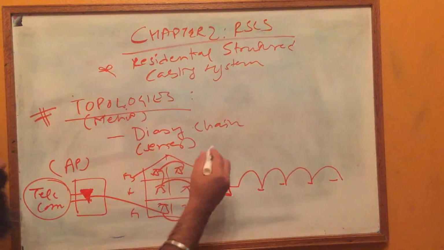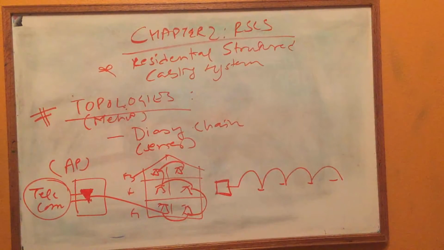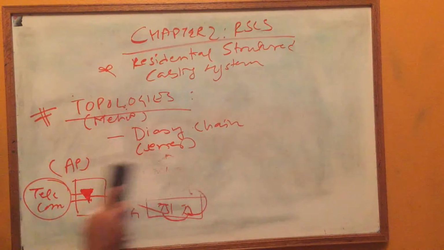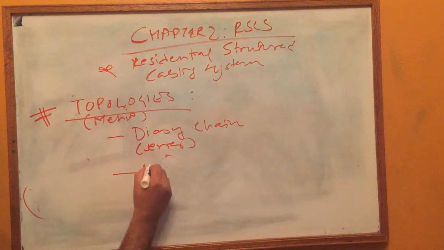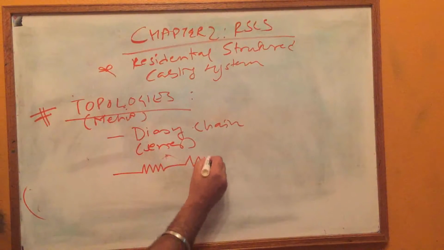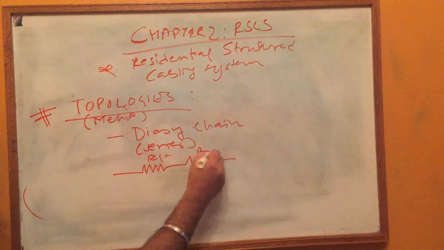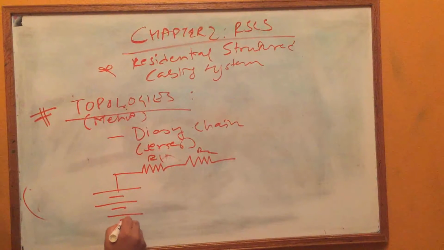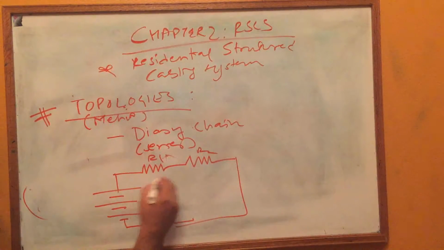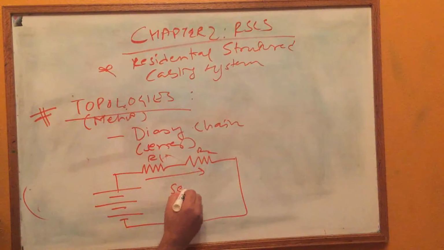If you know, when we draw a series circuit, let's draw a series circuit in which we have resistance 1 and resistance 2, connected by a battery, right? This is what's called a series circuit.